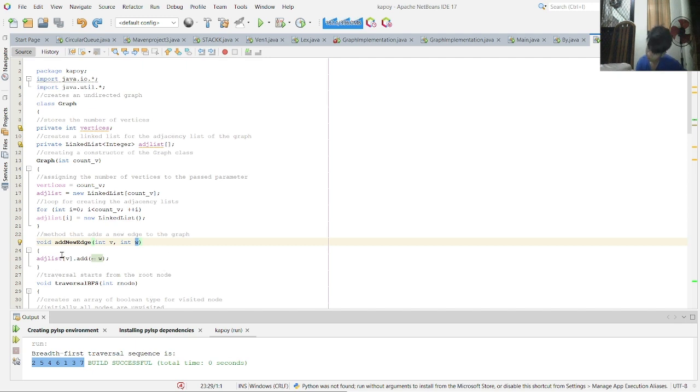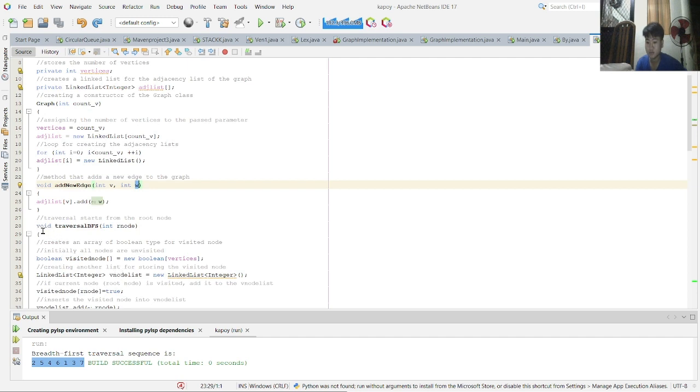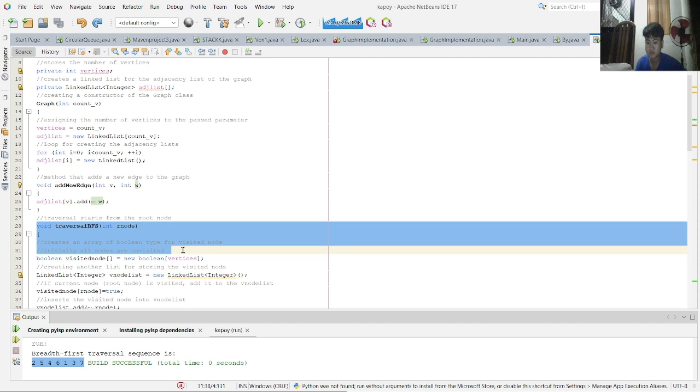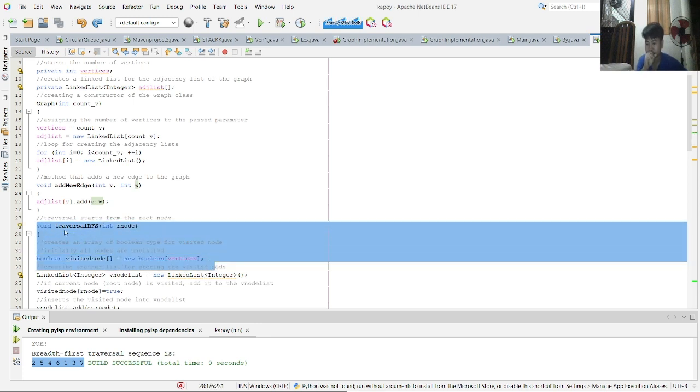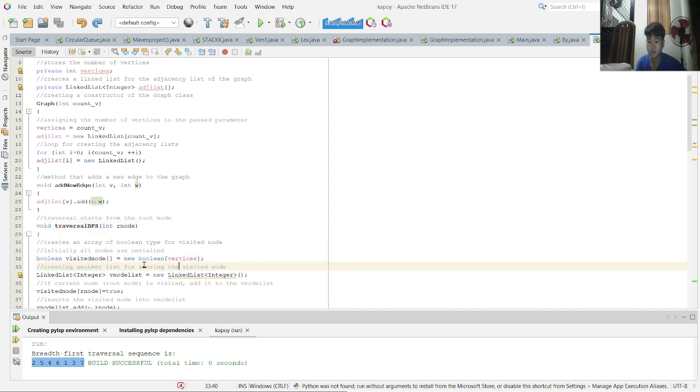Then the visited node array is equal to new boolean of vertices, which means adding a new node and creating an edge between the new node and an existing node.